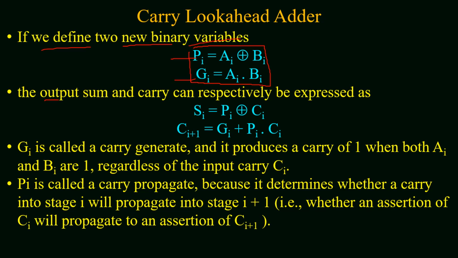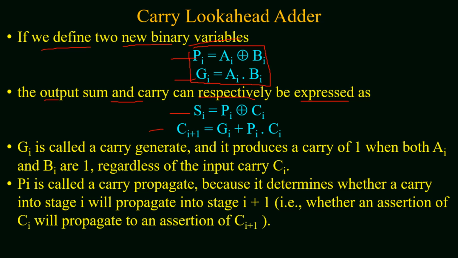Now using the substitution of these new variables, the output sum and the carry will be: SI will be equal to PI exclusive OR with CI, and the next stage carry, CI plus 1, equals GI plus PI dot CI.